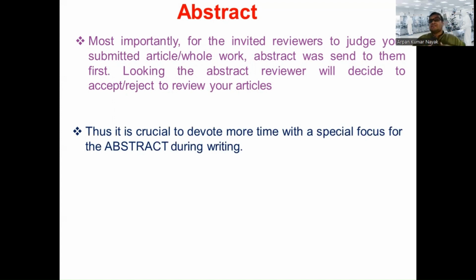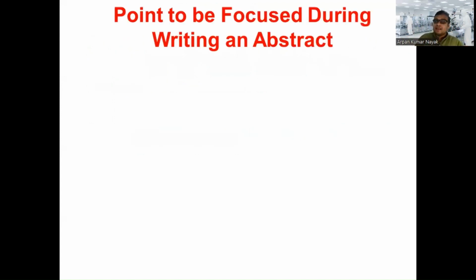Now we will go into how we will write an abstract and what points should be focused on when we write an abstract. That is more important. So what points should be focused on in an abstract? As we said, in a title we take a few keywords which reveal the whole story of the manuscript.